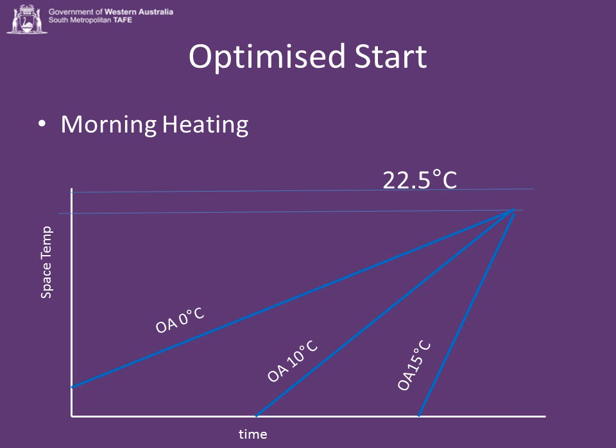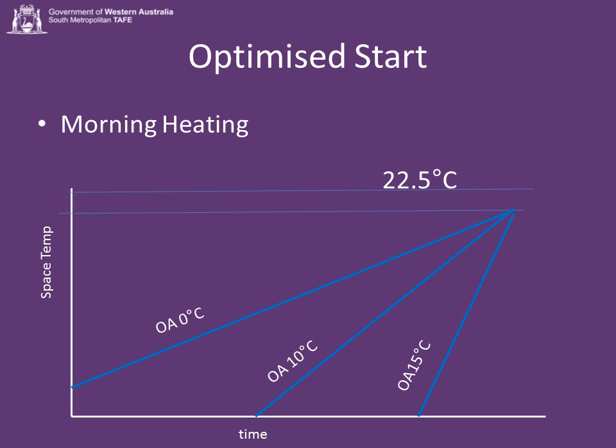It was either warm enough or cool enough. Now, this is taking the example of a cold building. So the building manager totters in at 6 o'clock in the morning, turns the building on to warm it up so that it's 22.5 when the people arrive.